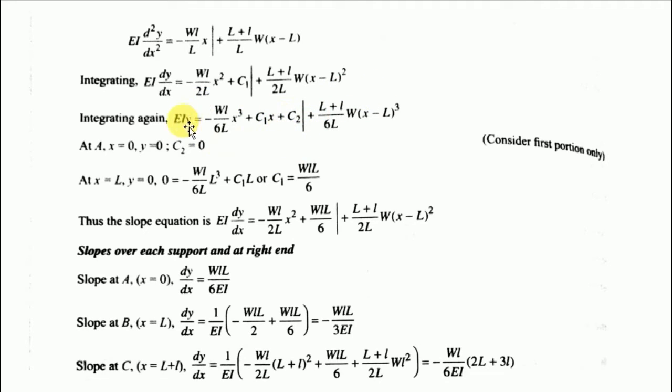We only consider the first part, where RA is applying, because we are applying the boundary conditions at a point. That's why we didn't consider this. So we can easily say that C2 is equal to 0.